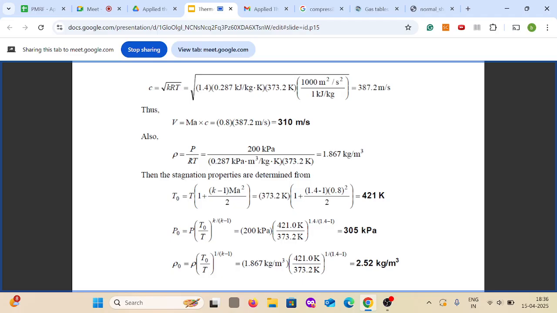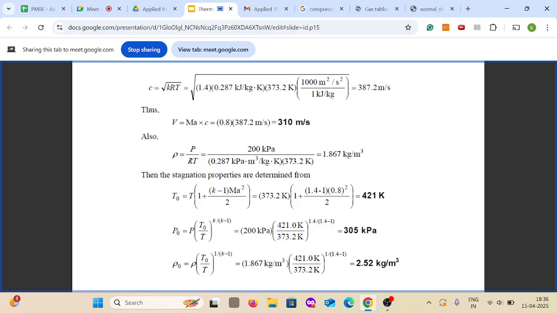So now we need to find out the stagnation properties. Stagnation property in terms of Mach number is given as T naught is T times (1 plus (gamma minus 1) into Mach square divided by 2). So your temperature is 373.2 multiplied by (1 plus 0.4 into 0.8 square divided by 2).